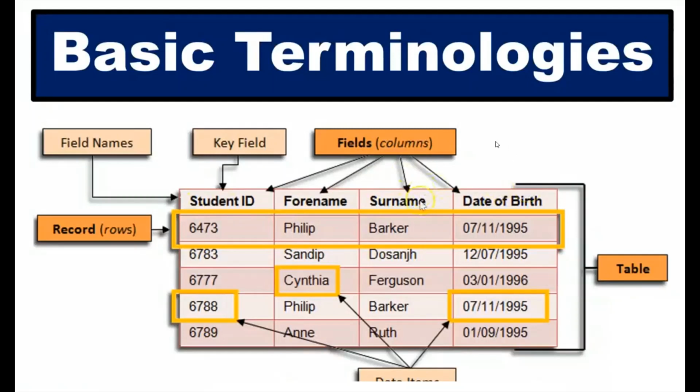Every table is made up of columns which are also known as fields. Fields का ही एक और नाम attribute होता है. So you can see in this example we have attributes like student ID, phone name, surname, date of birth.